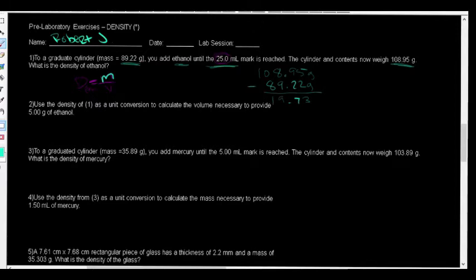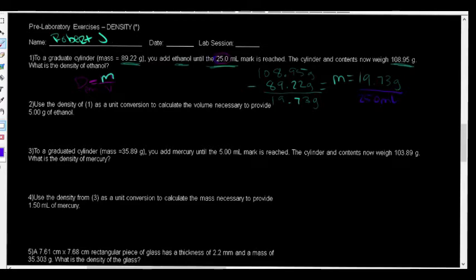So 19 is what you should get there. So that tells us that mass equals 19.73 grams, right? And we have our volume over here, which is the 25.0 milliliters. So divided by 25.0 milliliters.